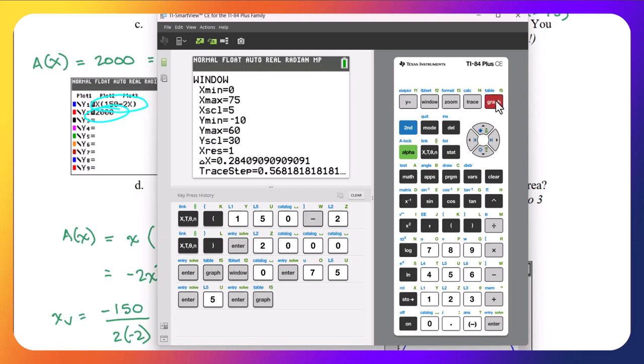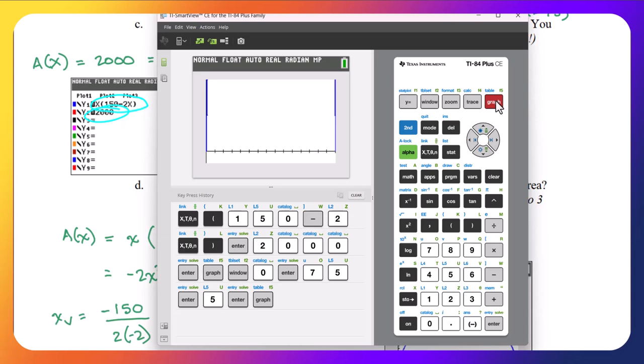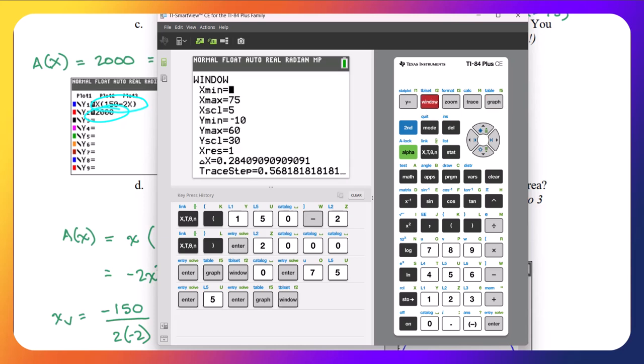If I graph it now, looks like I see the 2 ends of the parabola, but it doesn't go high enough. So let's say 100 times 100 gives us plenty of room. That'll be 10,000. Oops, wrong place. So the y minimum would be 0, and the y max will be 10,000.